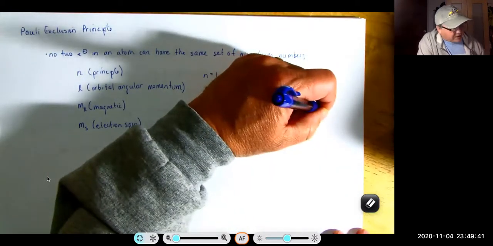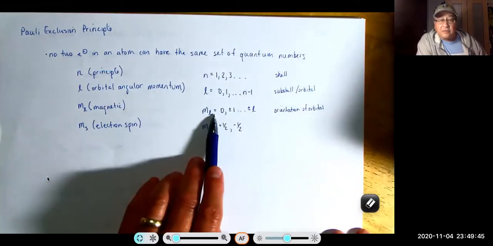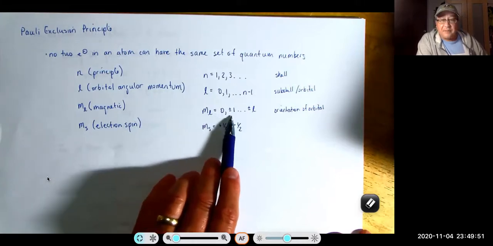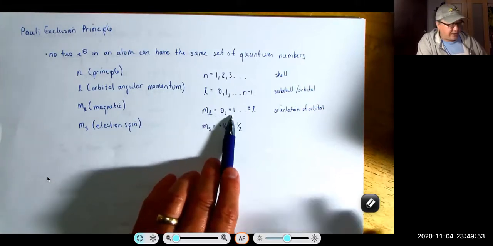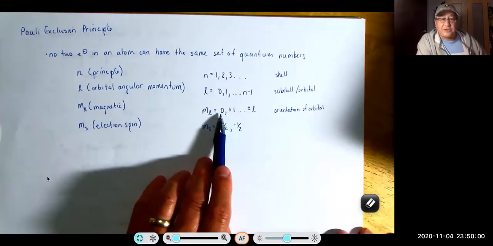So if we go back to l being 1, m sub l can be 0, plus 1, or minus 1. If m sub l is 0, that's a particular orientation. If m sub l is minus 1, that's a different orientation. And if m sub l is plus 1, it's a different orientation altogether. So for 0, plus 1, and minus 1, you have 3 orientations of orbitals.